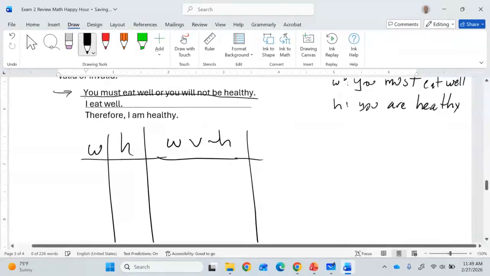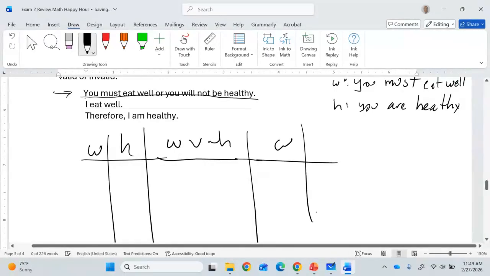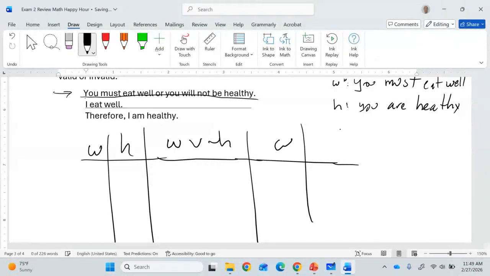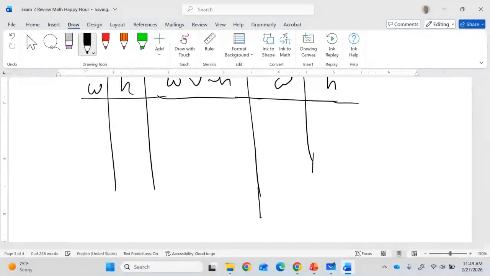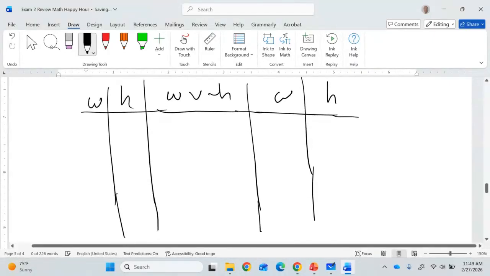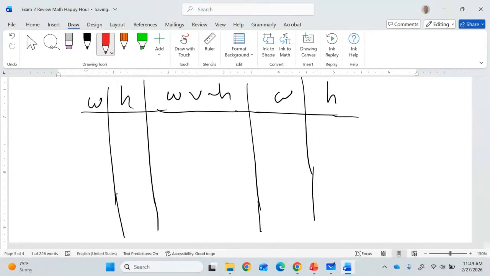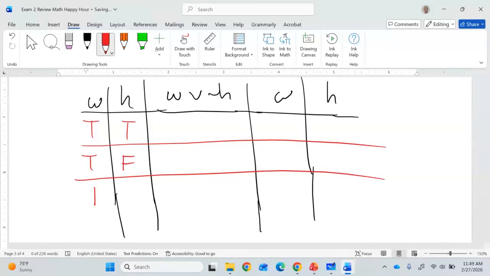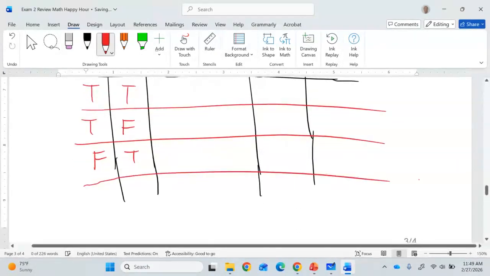And then premise 2 is simply "I eat well," which is W. And then you even put your conclusion at the end, which is "I am healthy," that's the H. And so you do the truth table. This is not such a long truth table. Now there are many ways that you can do this. The way that I like to do it is by putting true, false, false, true, and false, false.